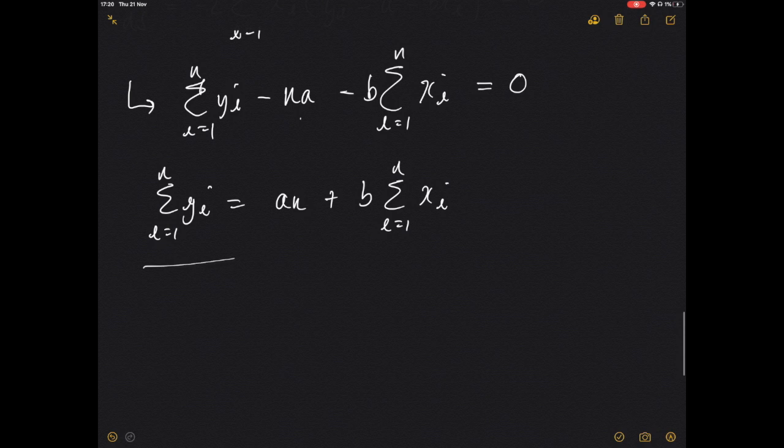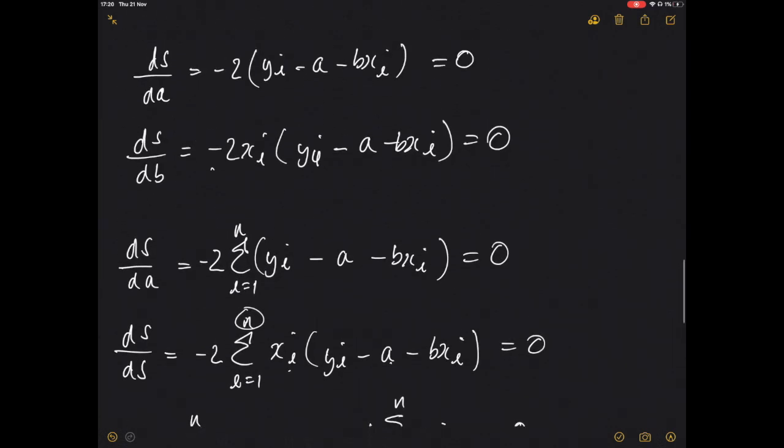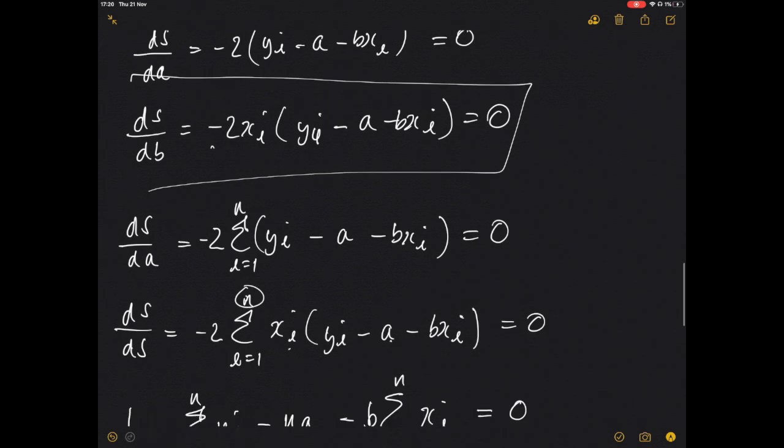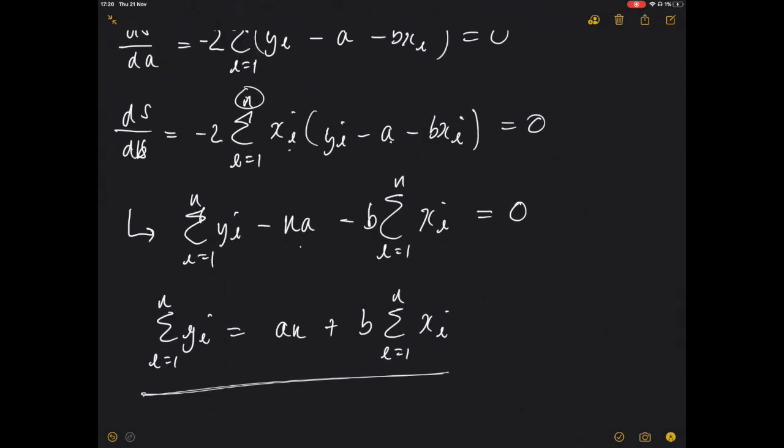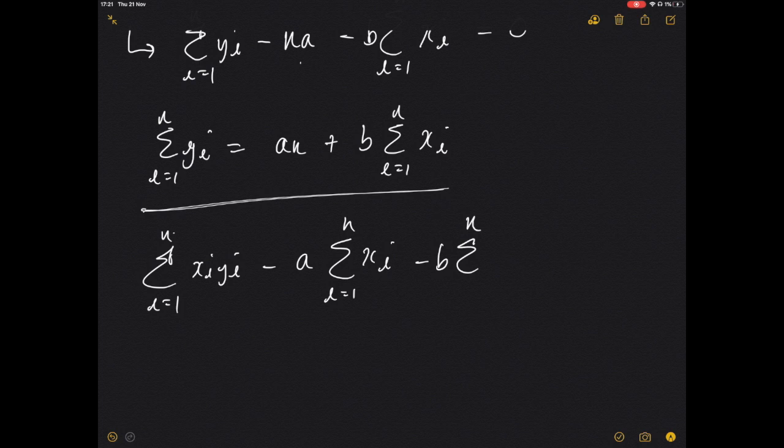Okay, so now we have quite a neat form here. Likewise, we can do the same to the second equation. If we were to neaten it up, we put our sigmas in, so that's down to here, there's a b. We can say that that is then equal to our sigma, i equals 1 to n, xi yi, minus A sigma i equals 1 to n xi, minus b sigma i equals 1 to n xi squared, that all equals 0.